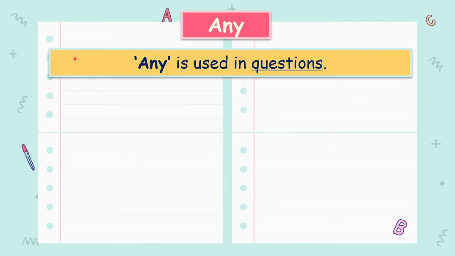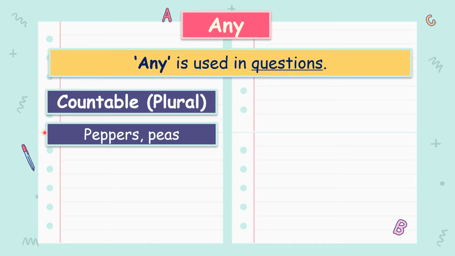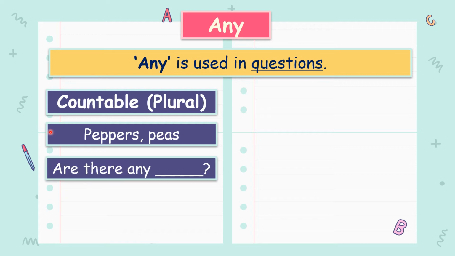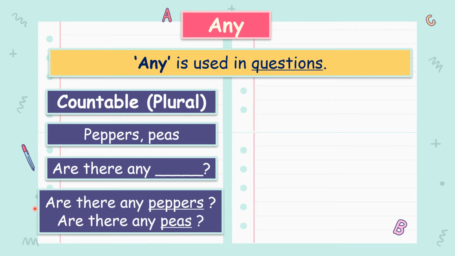Now let's look at the first one. Use any in questions. Okay, we're going to start off with countable nouns and then we'll focus on uncountable nouns. So how do you use any to ask questions? For example, peppers, peas. You start your sentence with are there any? The reason why we use are is because it's many. Plural means many. So are there any peppers or are there any peas? Let's look at the example. You see?